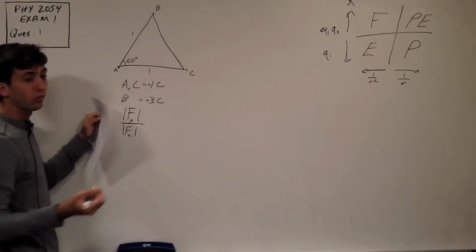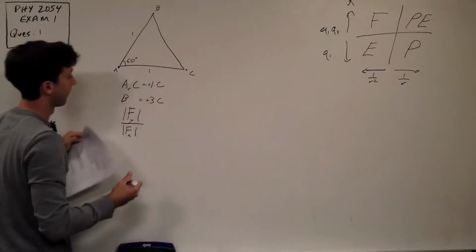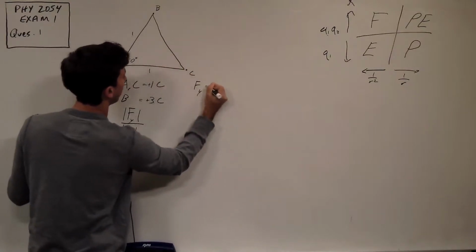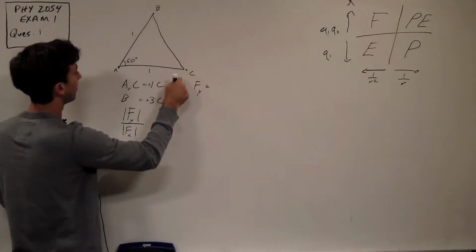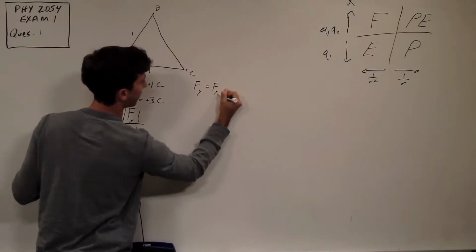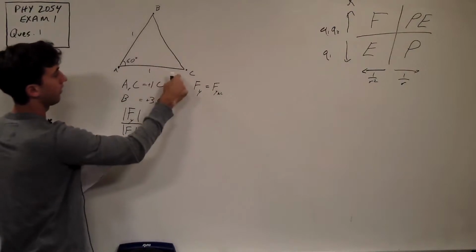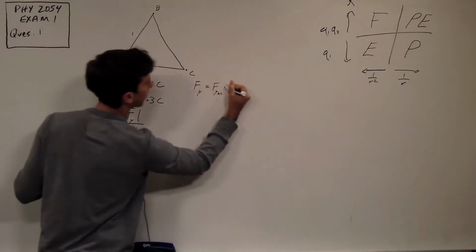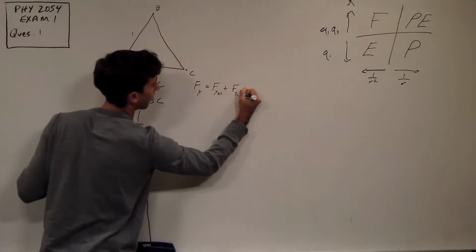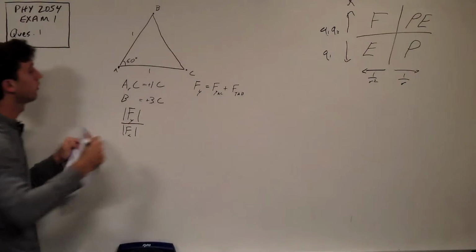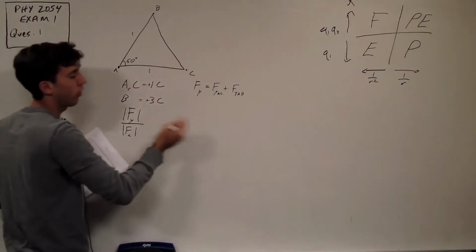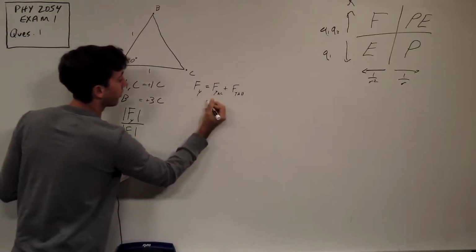So let's start with the magnitude of Fy. Fy is equal to the y component of the force between A and C, and the y component of the force between A and B. Now looking at C, it's in the x-axis with A. So you know off the bat that the y component of the force is equal to 0.